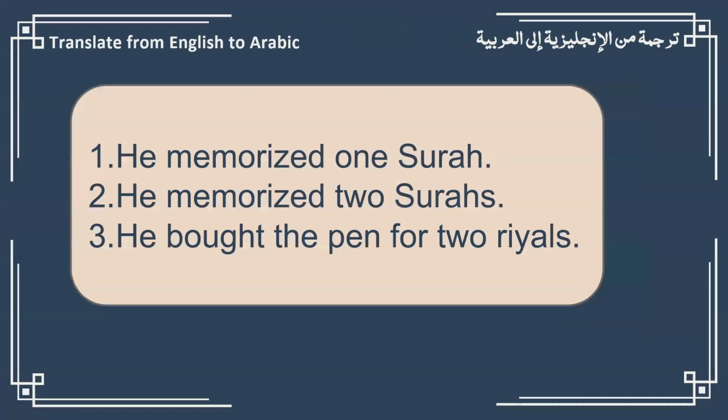Now I'm going to ask you the same question one more time. Look at these and translate them word by word, exactly what you just did. This is nothing different. You just have to look at this and translate. Hafiza suratan wahida. Very good.